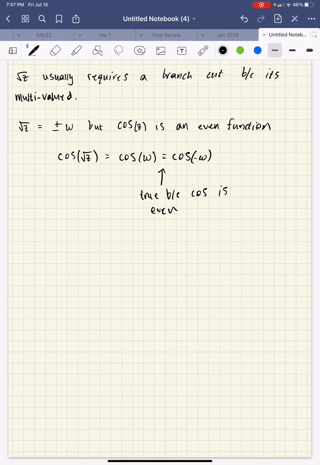Even though square root of z is multi-valued, when you compose it with the cosine function, the resulting function is no longer multi-valued, it no longer needs this branch cut, and it's most certainly entire. So we're concluding here that cosine square root of z minus z is an entire function.